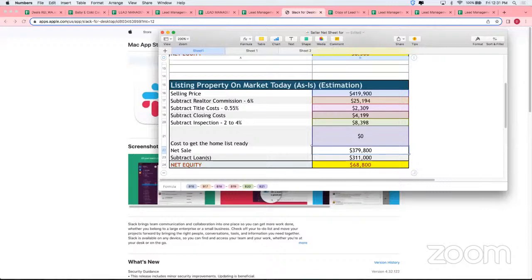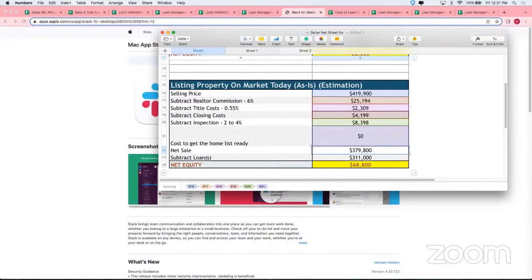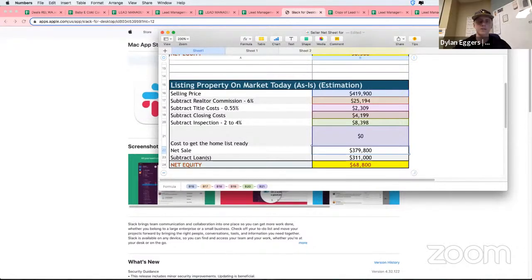If I disclose in MLS, say I'm charging 8%, and then disclose that the buyer's agent gets 2% or 3%, then that buyer's agent knows how much they're getting. But if it's not disclosed, it's always 50%. Gotcha, of the listing agent's, of whatever's on there.